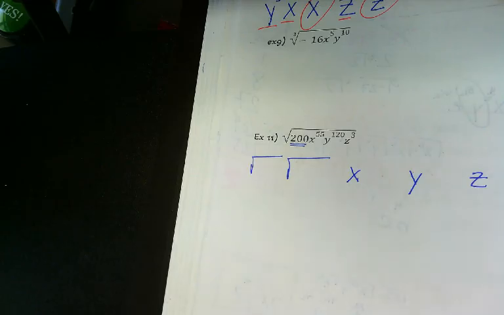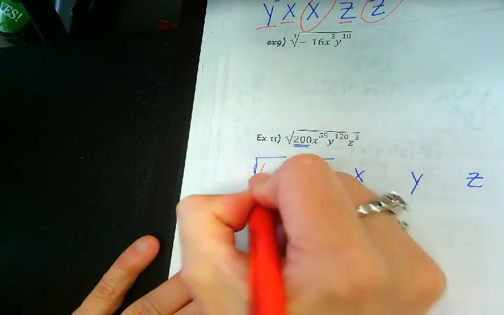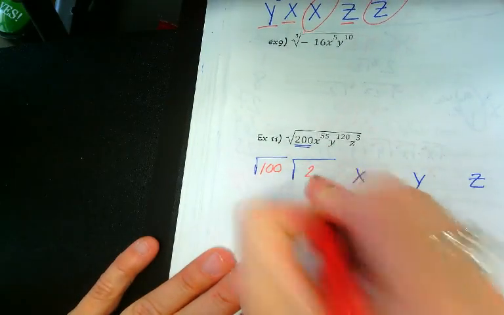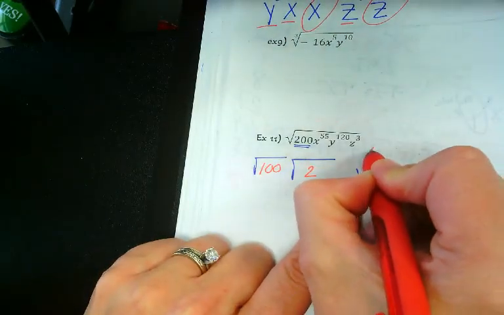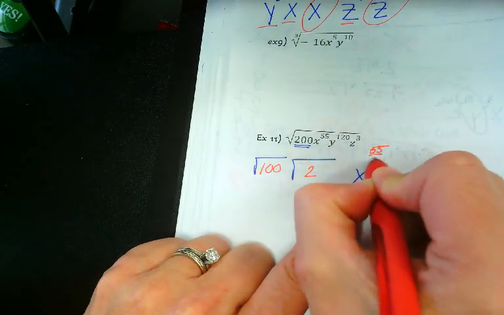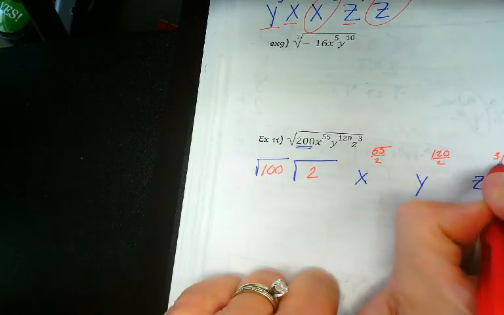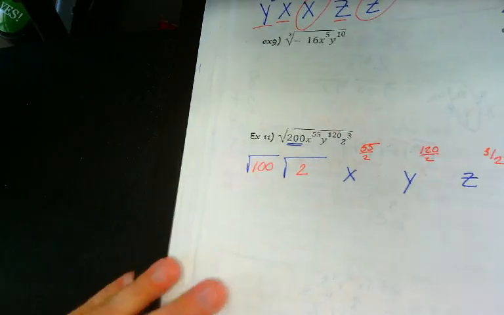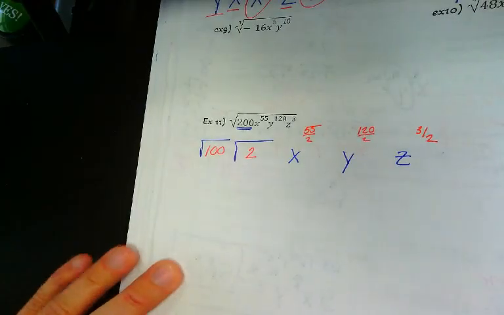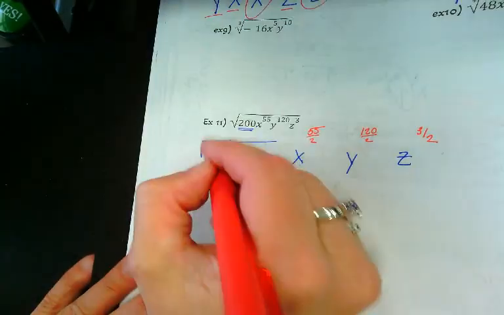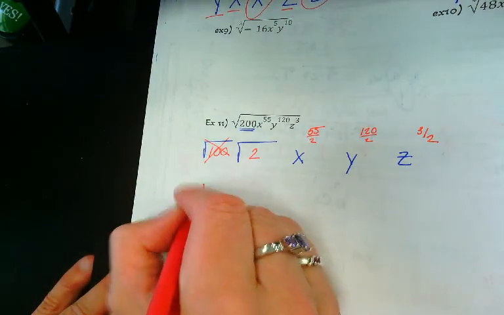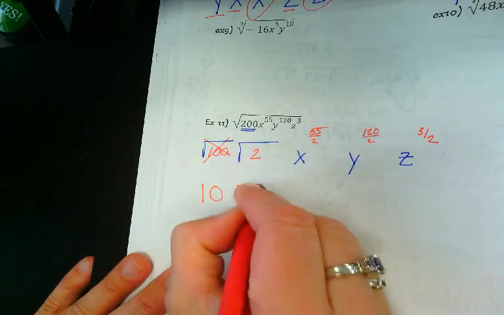Who are we using for 200? Good. X to the what power? 55 over 2, 120 over 2, and 3 over 2. The root 100 just turns into a 10.